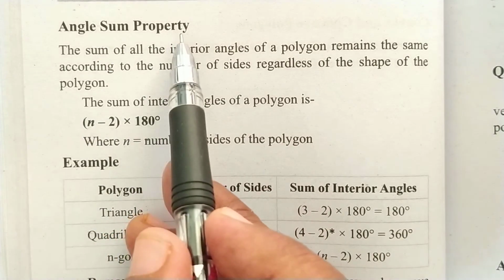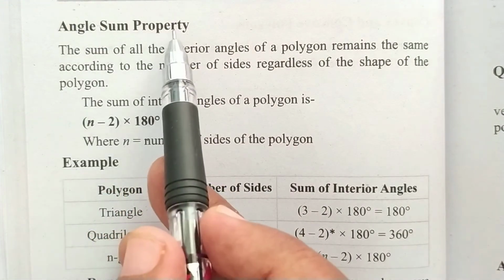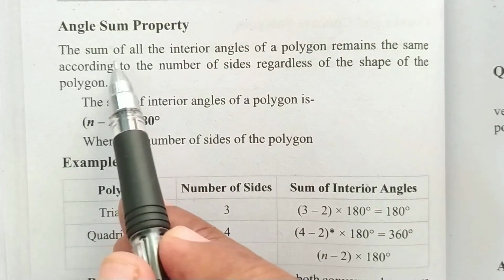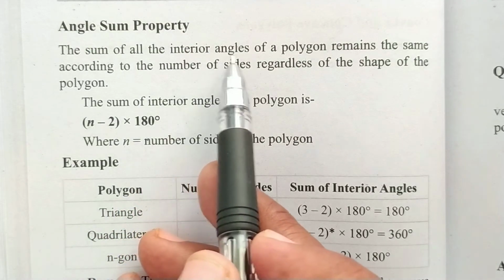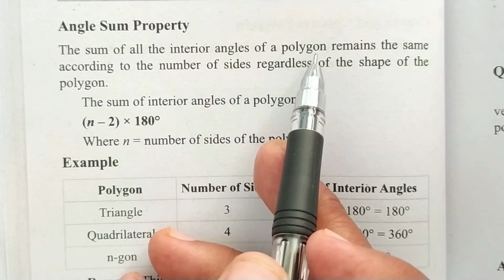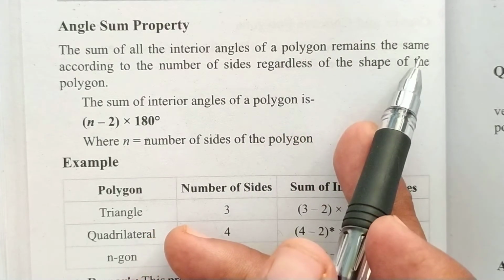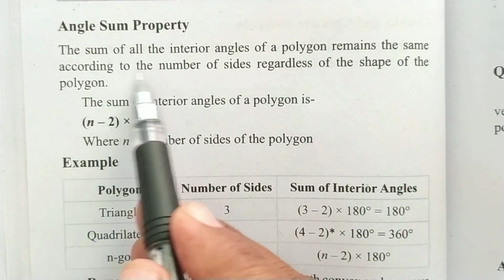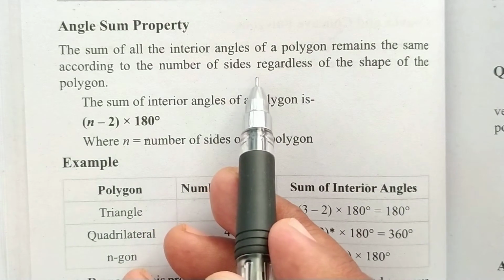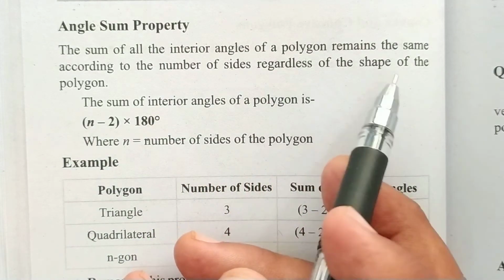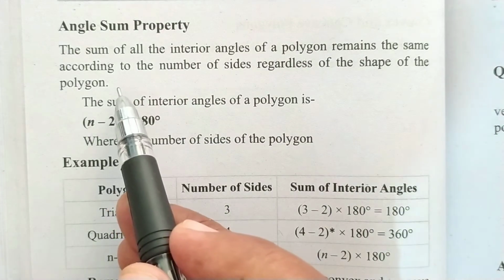Angle sum property. The sum of all the interior angles of a polygon remains the same according to the number of sides, regardless of the shape of the polygon.